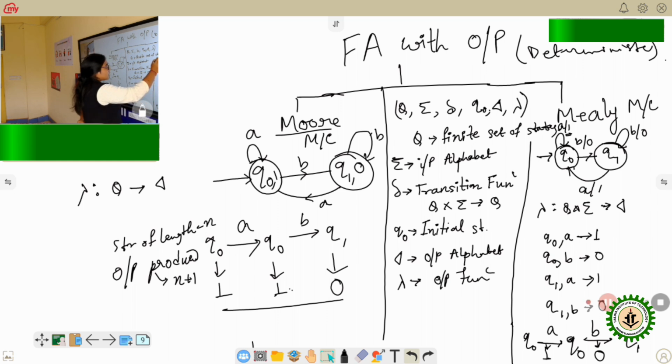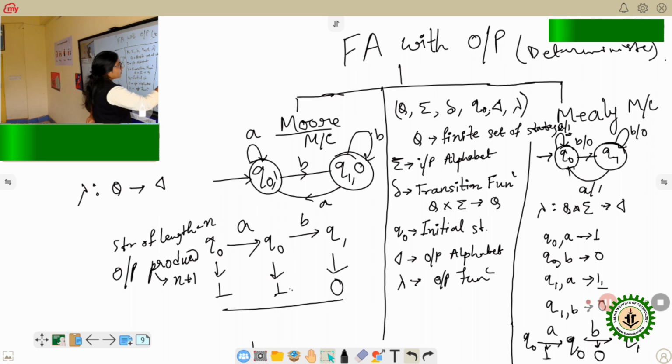Here the output is associated with the transition. From Q0 by giving input B, I can go to state Q1 but the output associated is 0. From Q1 by giving input A, I can go to state Q0 and the output associated is 1.